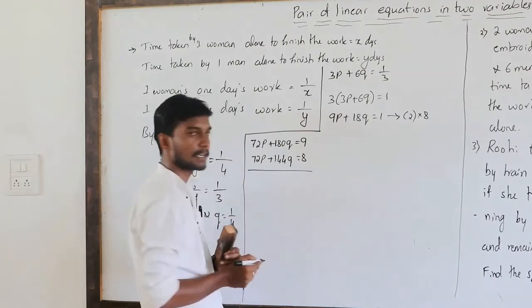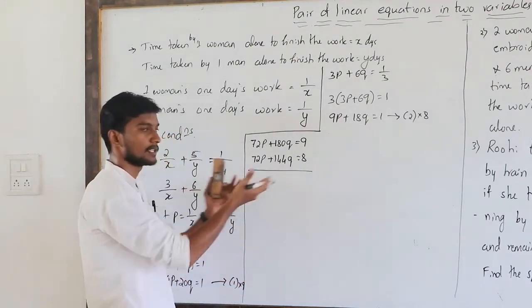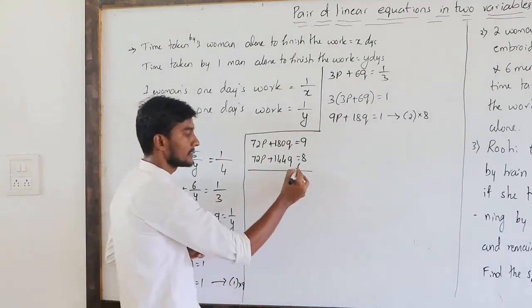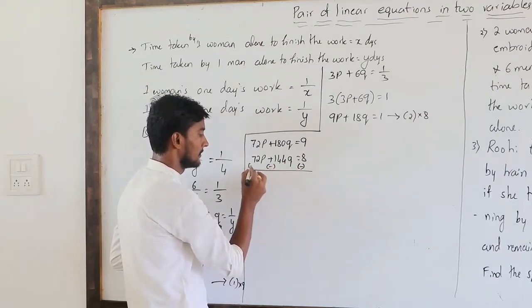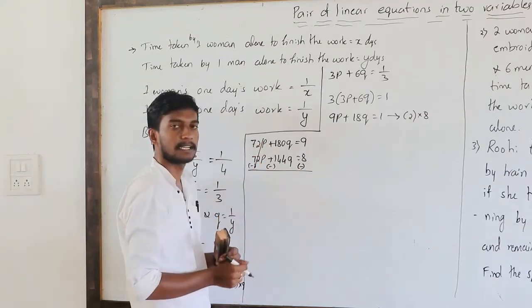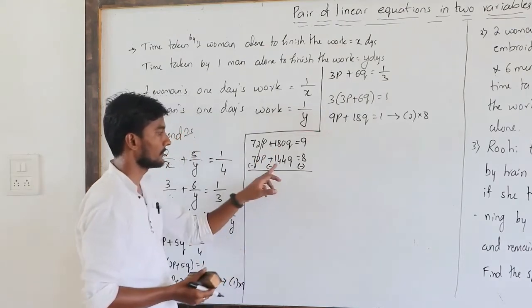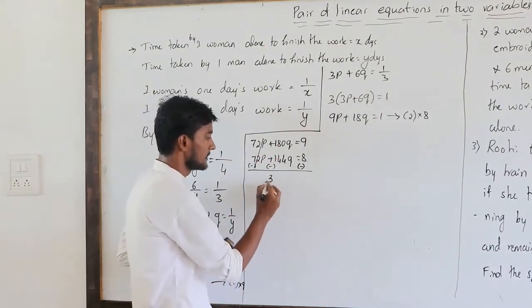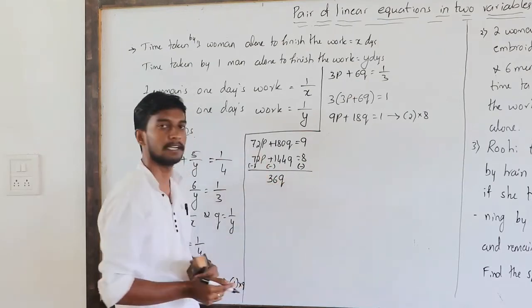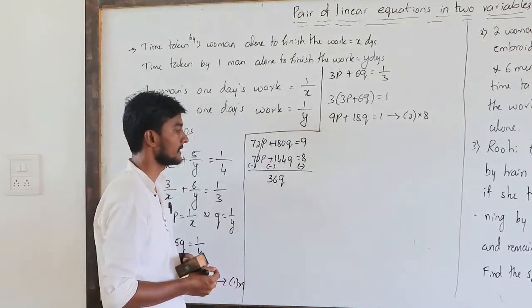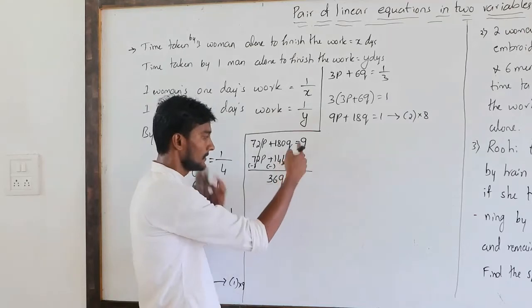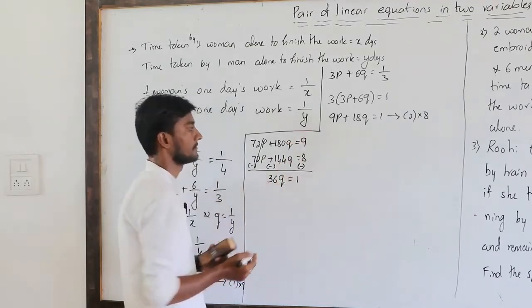So if you want to subtract, I have told you already, you have to change the sign. So change the sign here. So these two will get cancelled. 180 minus 144 is 36q is equal to 9 minus 8 is 1.